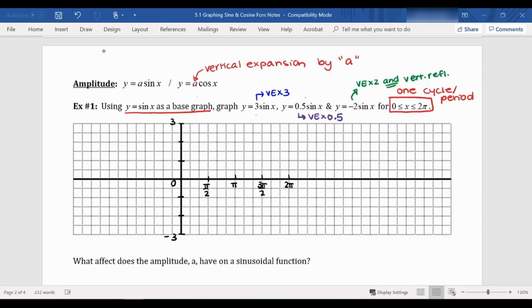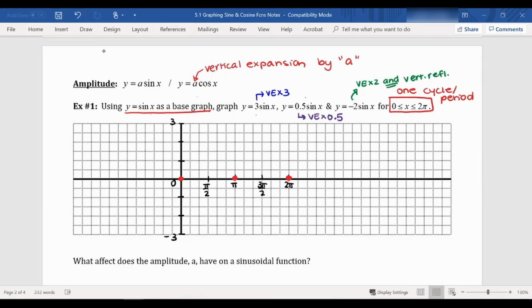Now, these graphs have a nice little feature where everything can basically be broken down into quarters. So I know that sine starts and ends on my axis. It starts at 0 and ends at 2 pi. You take a look at the graph from the front, we also know it's going to cross halfway between here. I know that it reaches a maximum first, then a minimum.